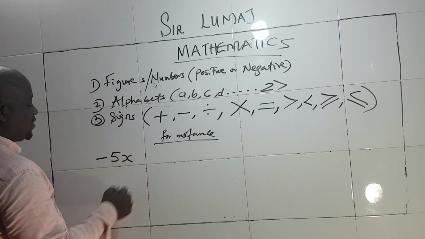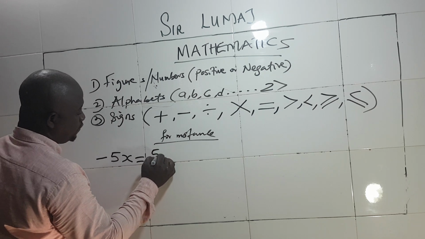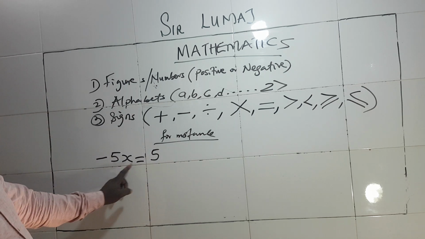I can say minus 5x is equal to 5. You can see equal to 5.